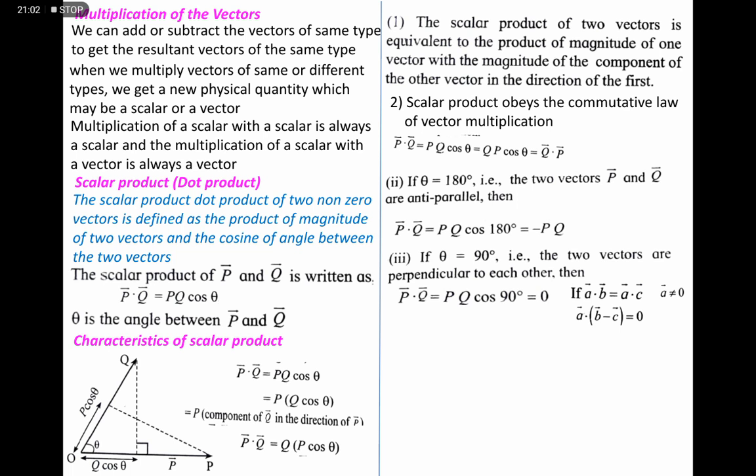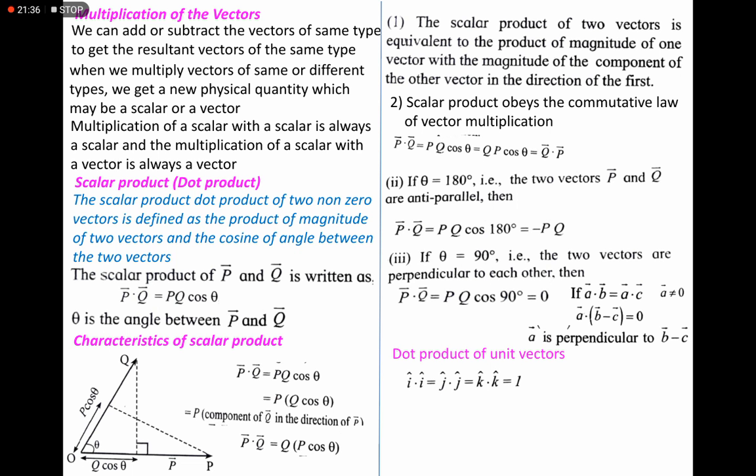Then the dot product of unit vectors, i bar dot i bar, j bar dot j bar, and k bar dot k bar is always equal to 1. It is very simple. The dot product of a unit vector with itself is 1. Why is it 1? According to the definition of unit vectors, the magnitude of i bar, j bar, and k bar is 1.